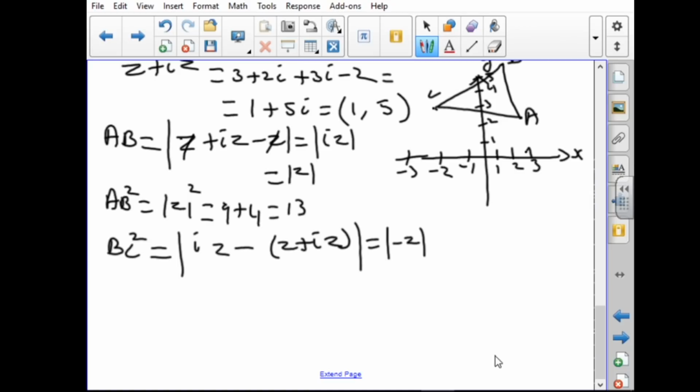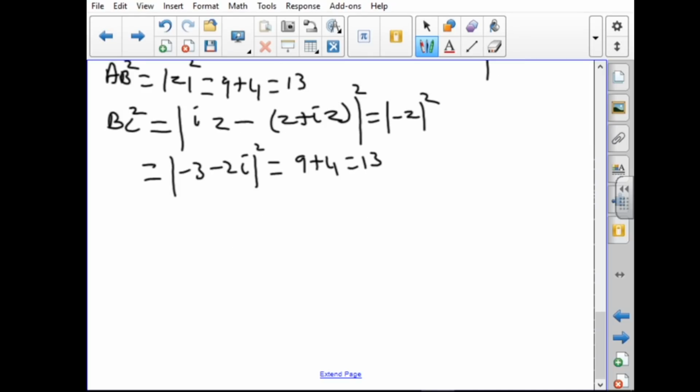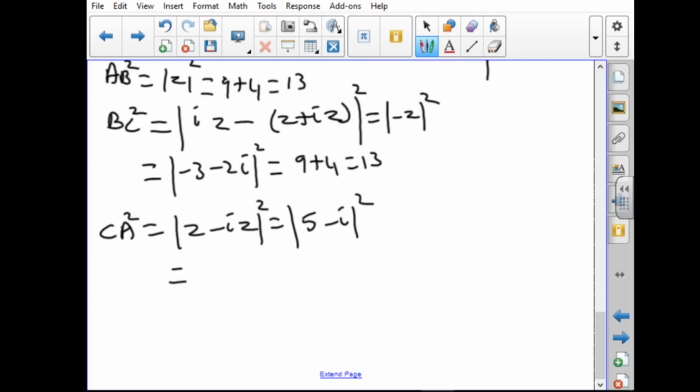So, BC square is equal to modulus of z square, which is (minus 3 minus 2i) the whole square, giving 9 plus 4, which is equal to 13 again. Then CA square is modulus of (z minus iz) the whole square, which is equal to (5 minus i) the whole square, so it is equal to 25 plus 1, which is equal to 26.